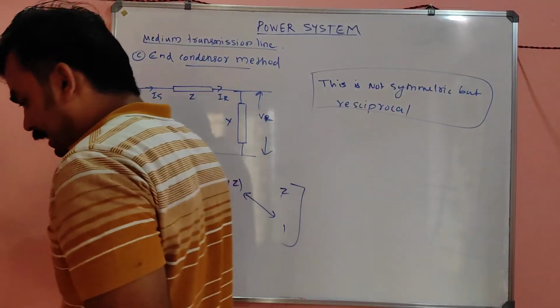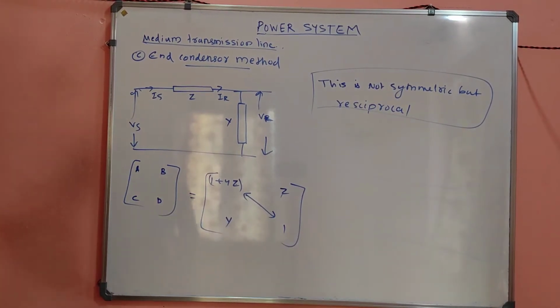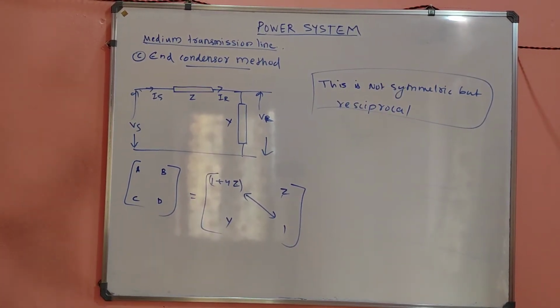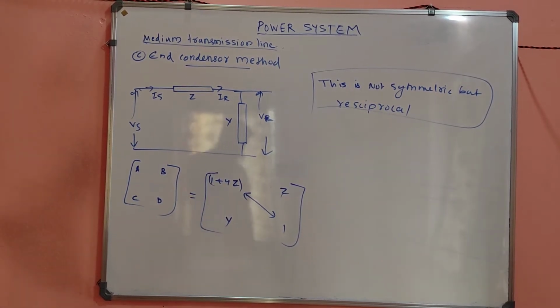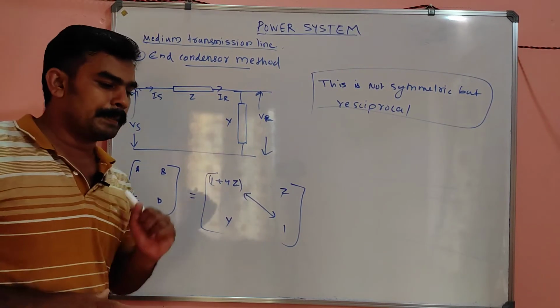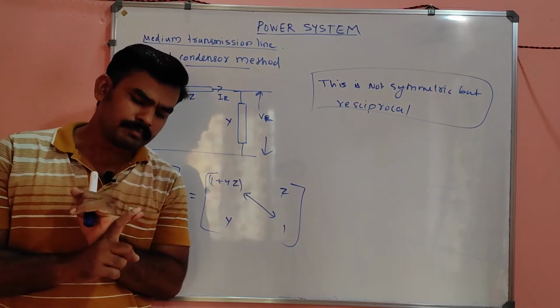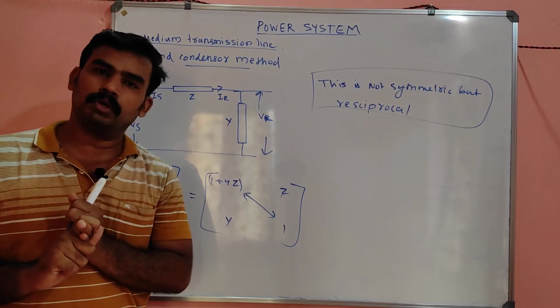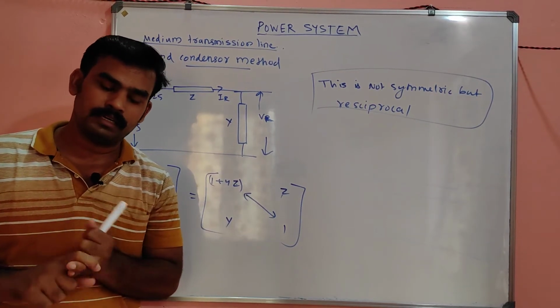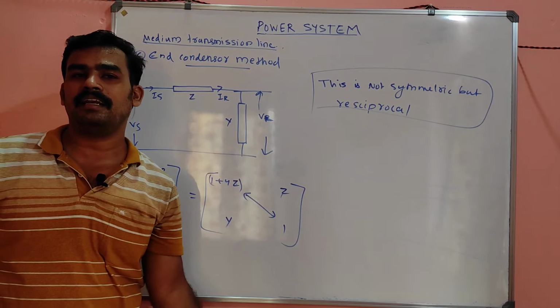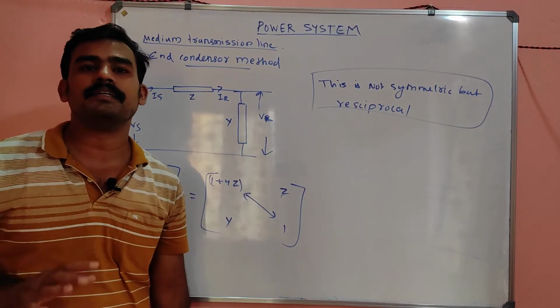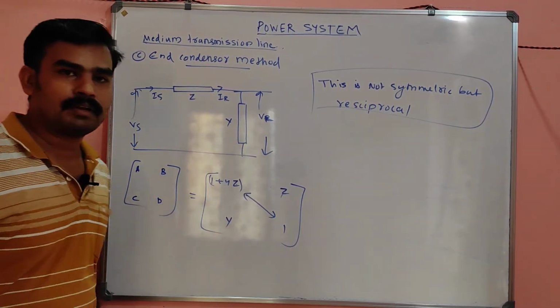So that is the end condenser method: 1 plus yz, z, y, 1. Okay my dears, is it clear? So you can conclude that in the medium transmission line, both pi and T are symmetric as well as reciprocal, but in the end condenser method it is not symmetrical but reciprocal.